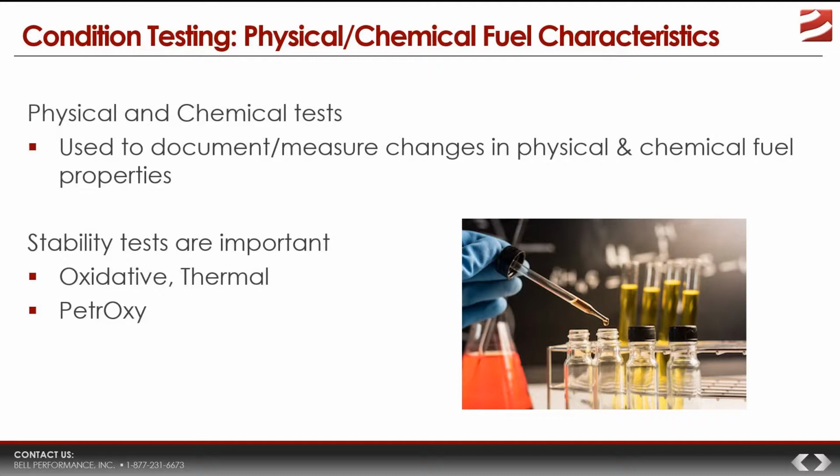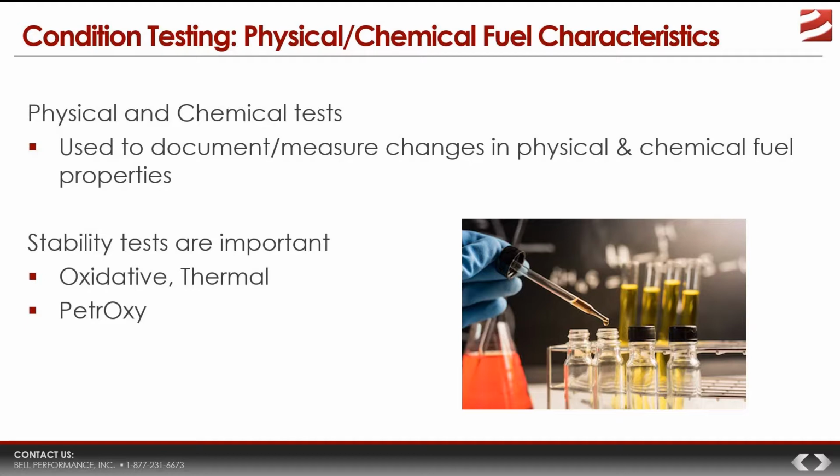And so there are certain tests that we would use to document and measure the physical and chemical properties of the fuel, as well as try to measure the properties of the fuel that might predict whether it will change in the future. Now, in this case, the most important tests that we would look at are, as you see on your screen, the stability tests: accelerated oxidative stability, accelerated thermal stability, and then the one below that, PetroOXY.